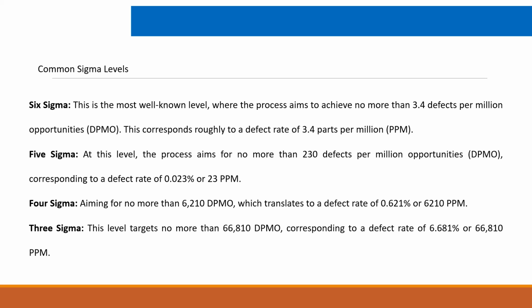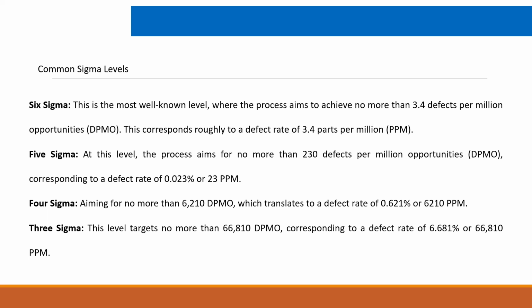Clear? Now, if your process is at 3 Sigma, this level targets no more than 66,810 DPMO.